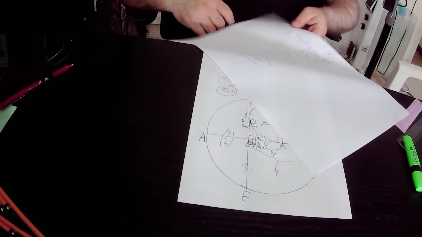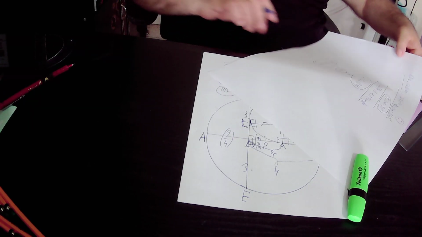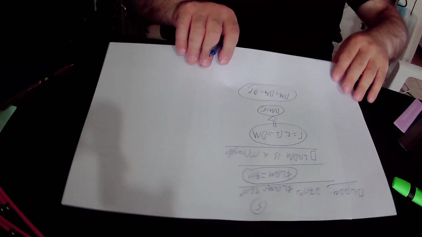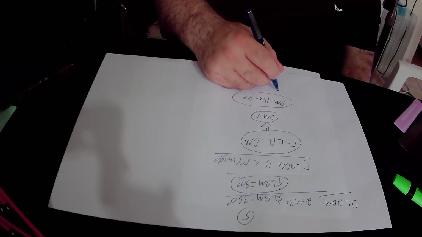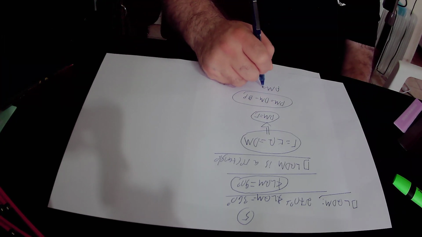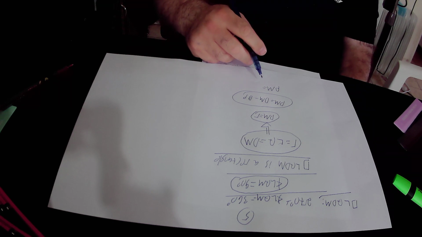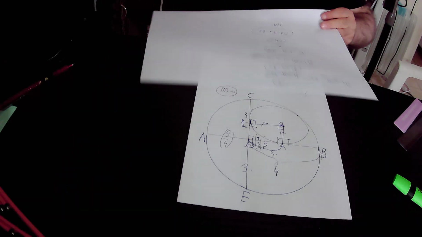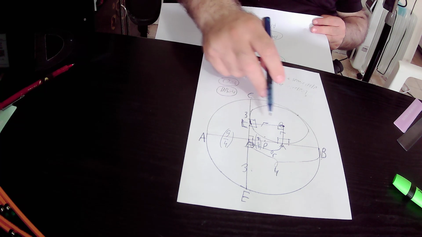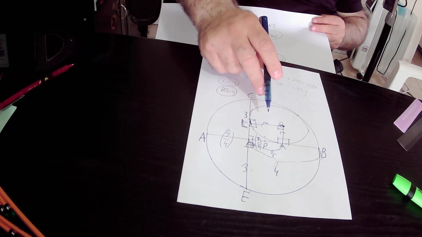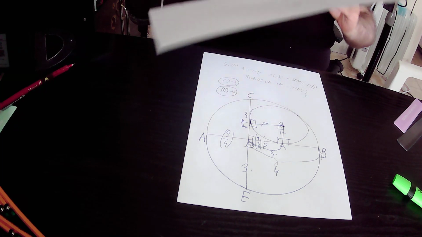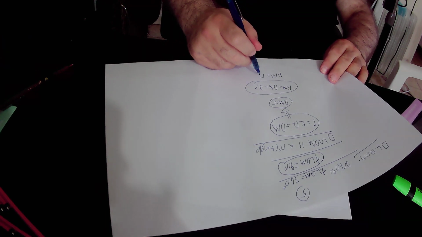So PM equals DM, and we just found out that DM is the radius of the small circle, equal to small r, minus DP.